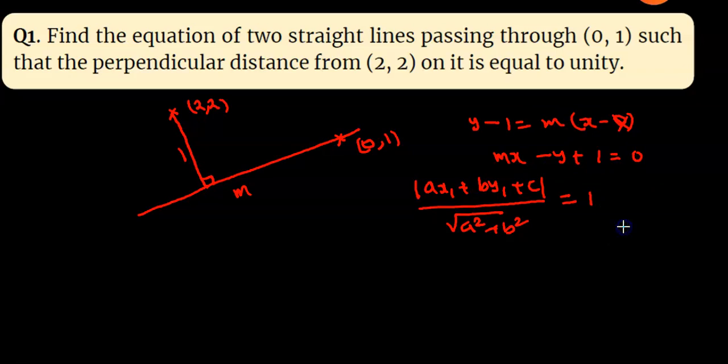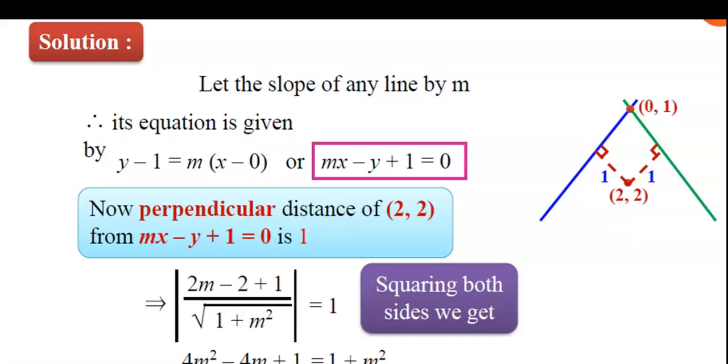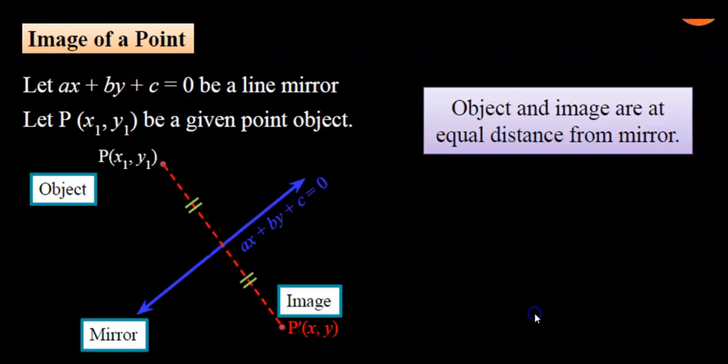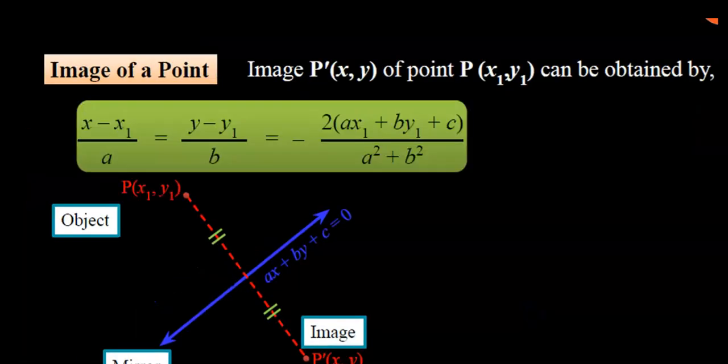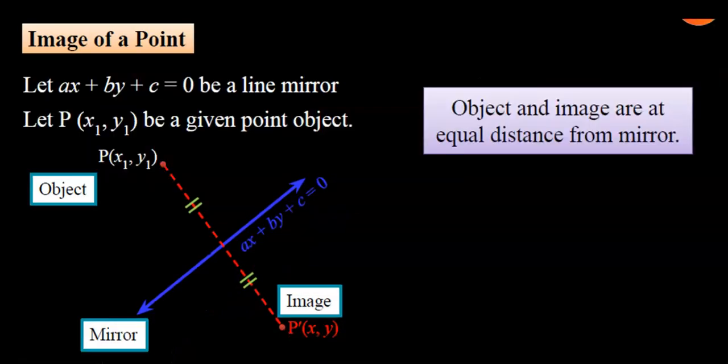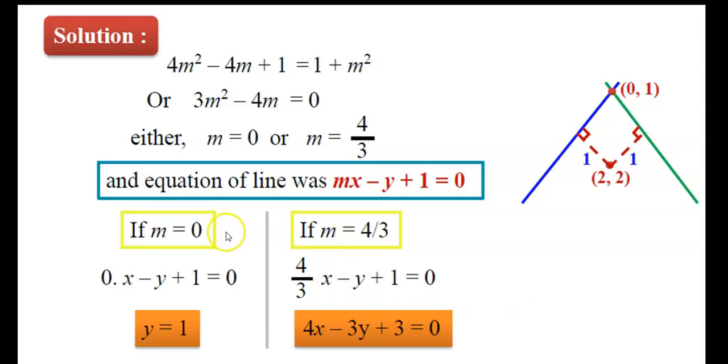Look at the solution. This is the quadratic equation you will be getting when you square both sides: 4m square minus 4m plus 1 equal to 1 plus m square. When you solve it, you get two m values, m equal to 0 and m equal to 4 by 3.